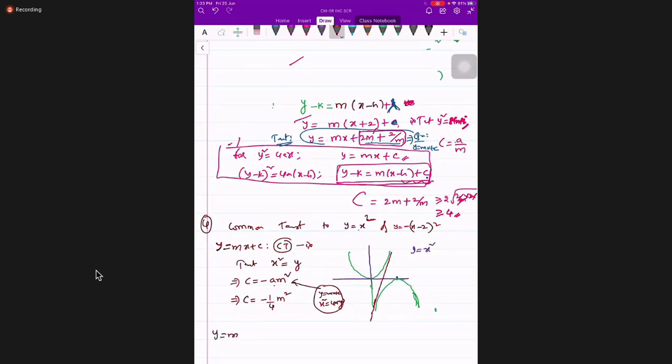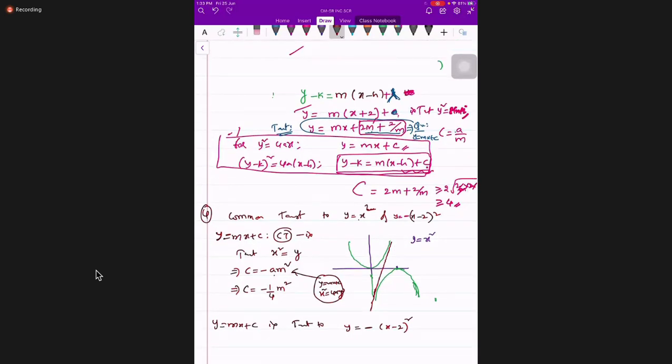Again, y equal to mx plus c is tangent to y equal to minus of x minus 2 the whole square. I want only the condition. I don't want the tangent. Only the tangent condition when you are finding it. What happened? There is no importance to the shift in origin.